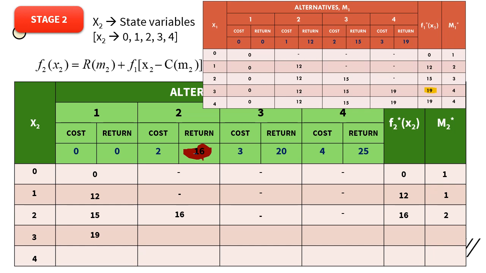The remaining 1 crore, my return is 12, which means 16 plus 12, so 28 will be my total return. If I spend the entire 3 crores here, I will get 20, and I don't have 4 crores, so there's 0. So the maximum is 28. The best alternative is 2.